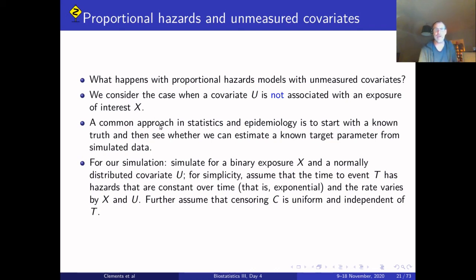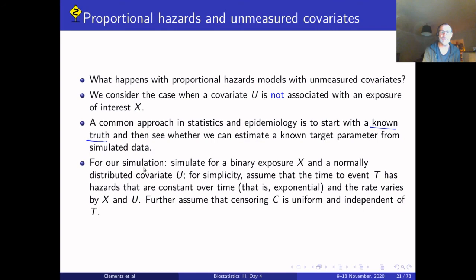So an alternative approach would be to actually use simulation with a known example. So what we do is we sort of say, we know what the answer should be. Can we estimate the answer from the available simulation? So we start with a known truth, and then see whether we can estimate a known target parameter from simulated data.